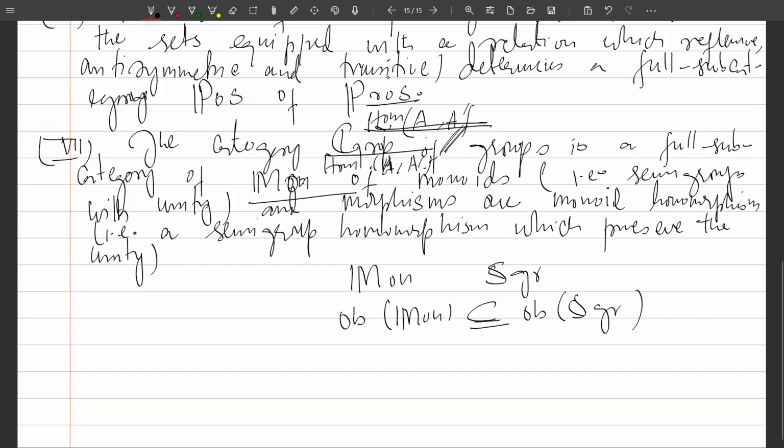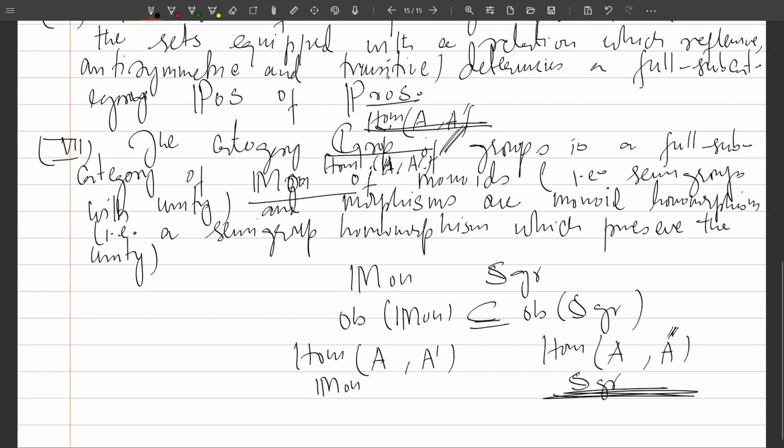However, if we look at two monoids, say A and A prime, and the morphism set between these two objects in MON, and similarly the morphism set between these two objects in SGR as semigroups, they are the monoid homomorphisms and the semigroup morphisms respectively.